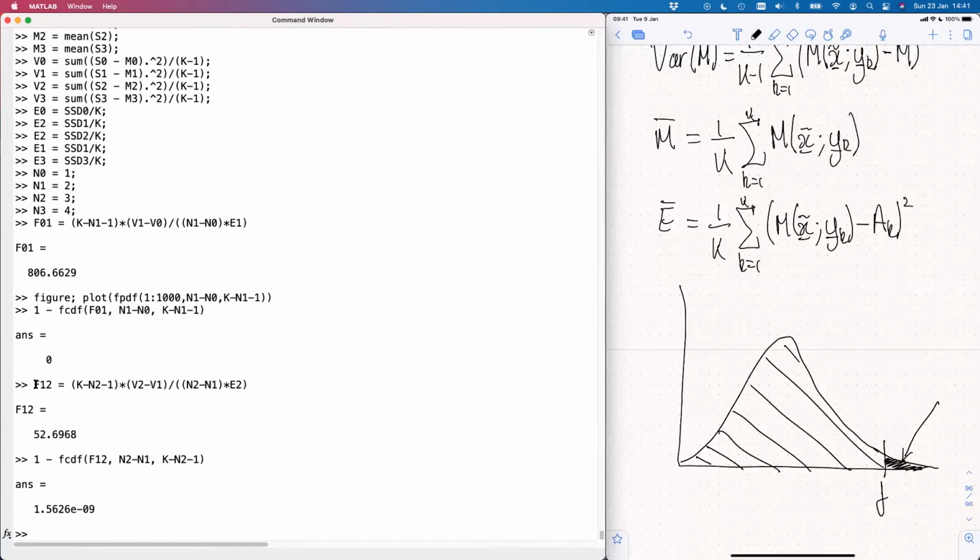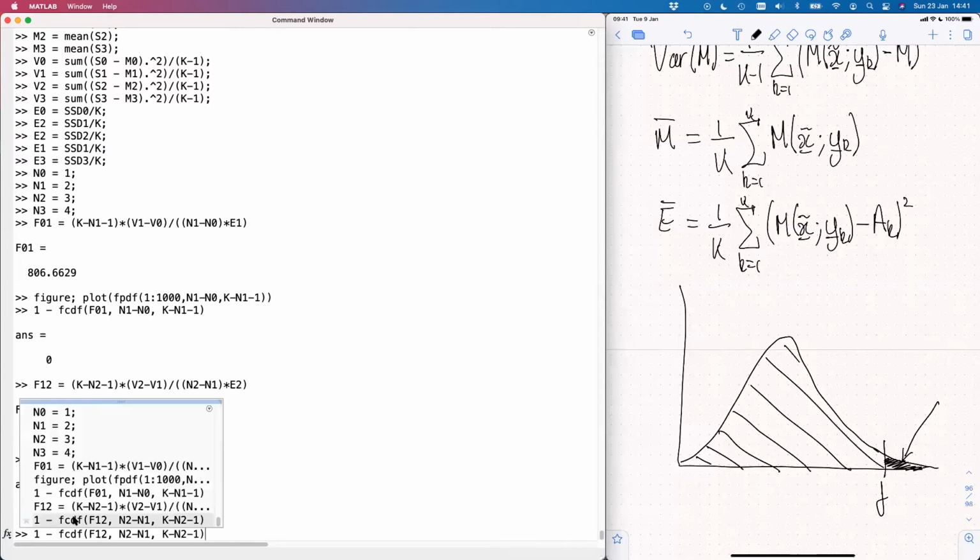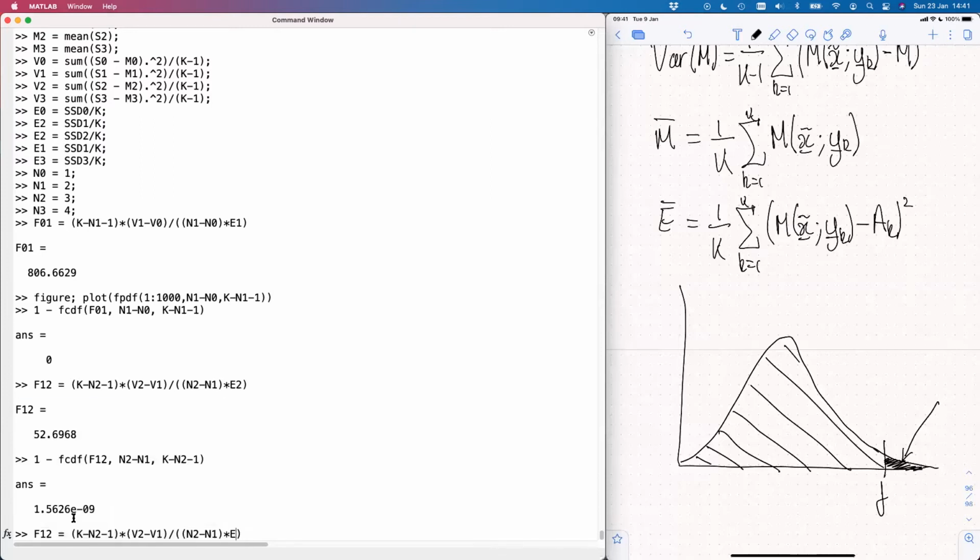This time it's not actually 0, but it's still a very, very low probability. So a p-value now of 10 to the minus 9. Again, with high confidence, we can reject the null hypothesis and accept the more complex quadratic model over the less complex linear model. Last one then, let's repeat for comparing the cubic model to the quadratic model.